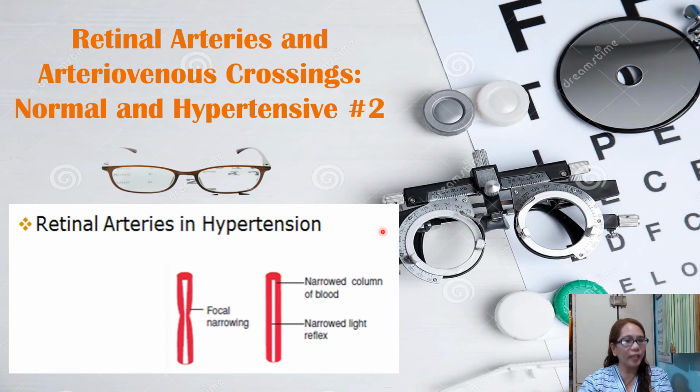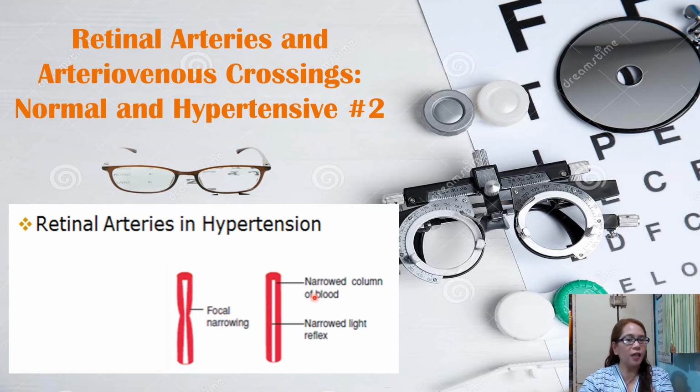On the other hand, this image shows the retinal arteries in the hypertensive patient. In hypertension, the arteries may show areas of focal or generalized narrowing. Yan. Focal narrowing.